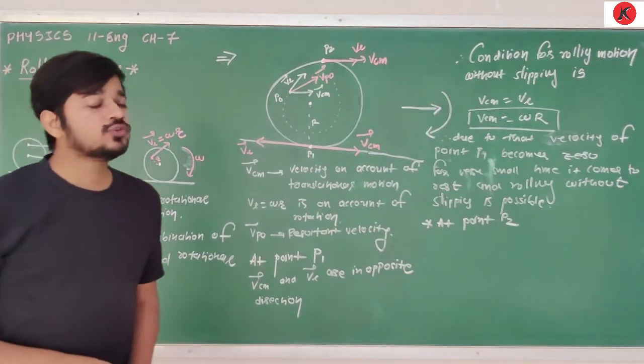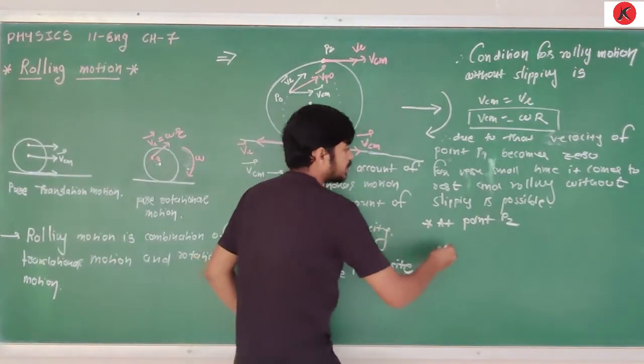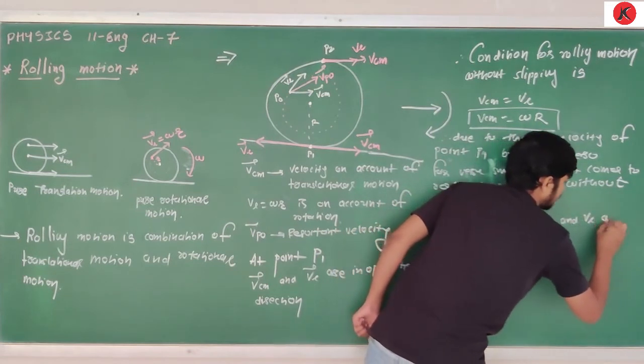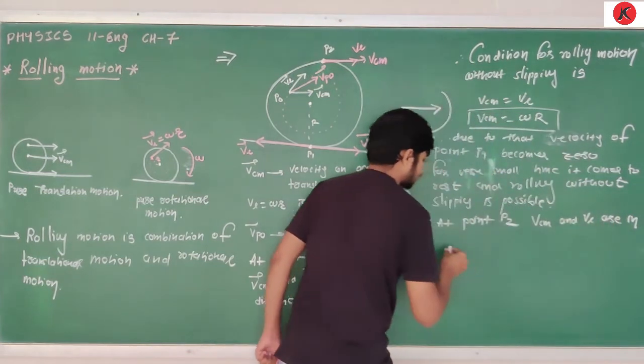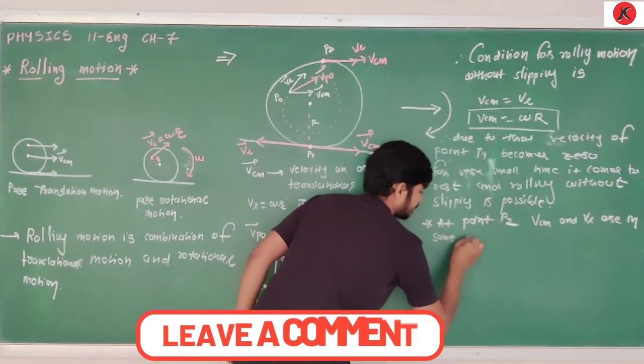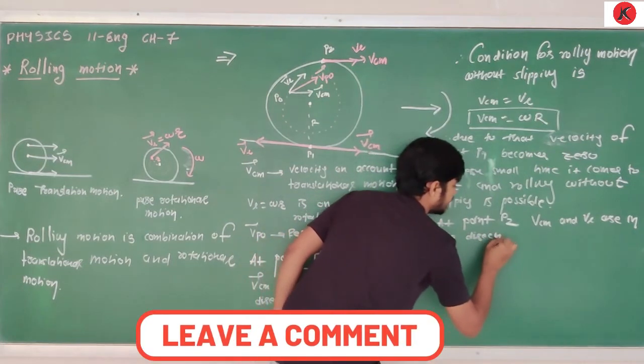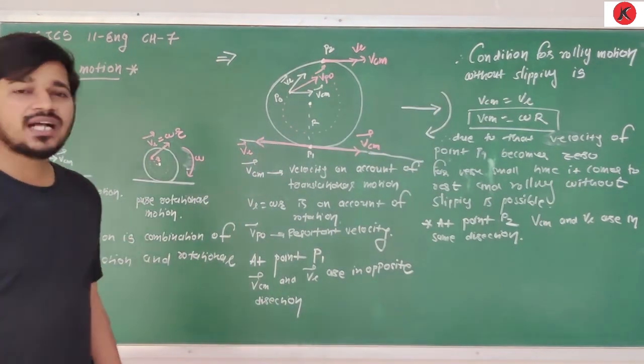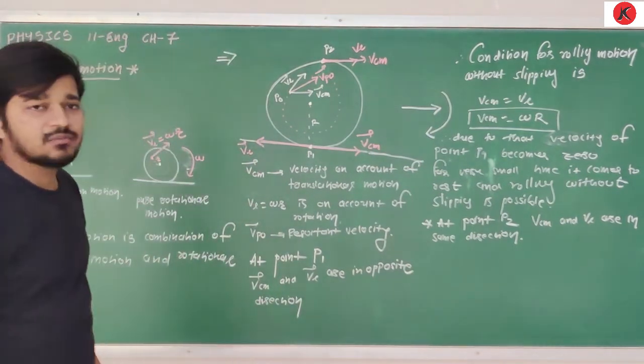So at point P2, V center of mass and VL are in the same direction.